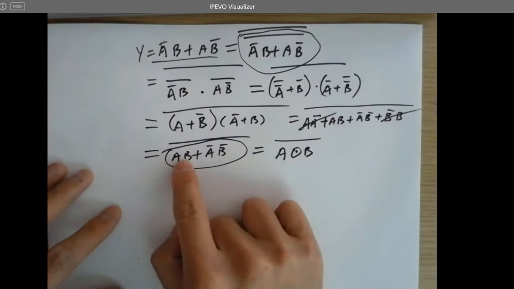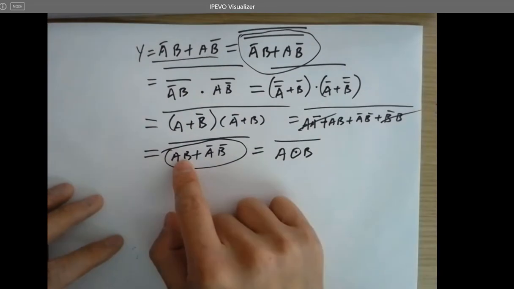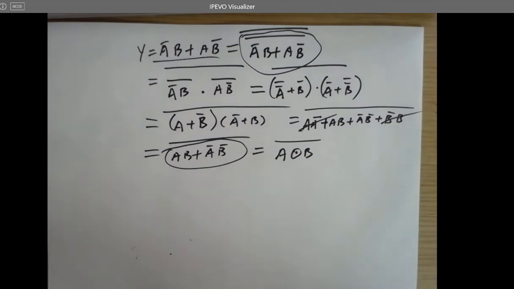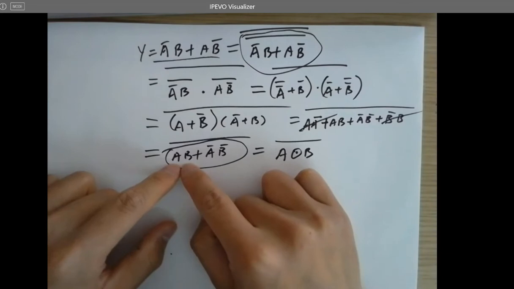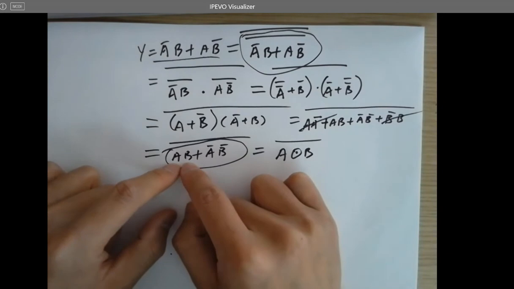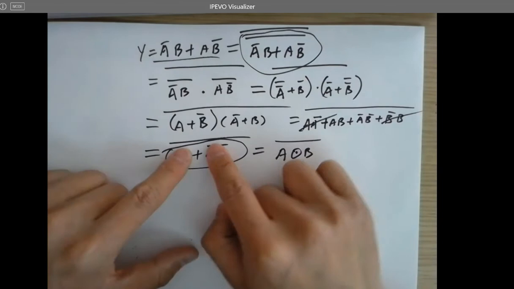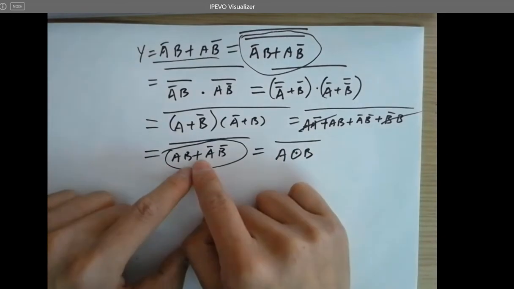If you have AND logic inside the bar, what you need for the PMOS and what you need for the NMOS: AND logic, PMOS in parallel and NMOS in series, right? Same here. And overall for these two blocks, you have OR logic.